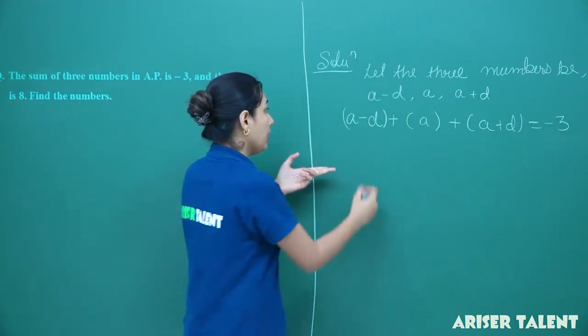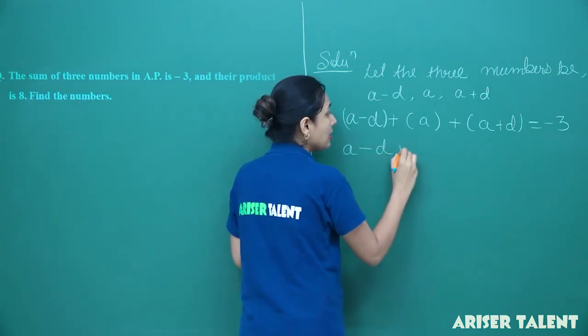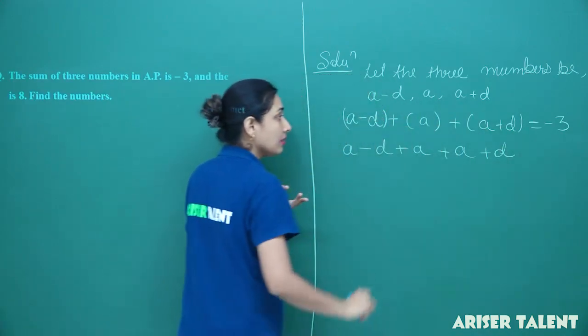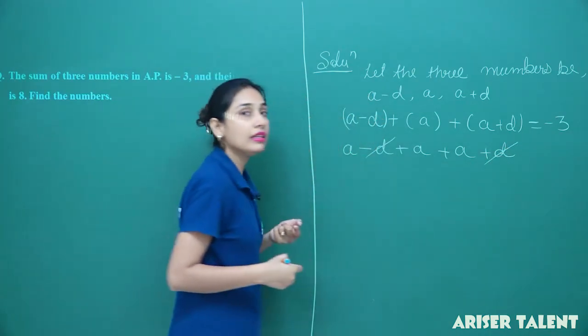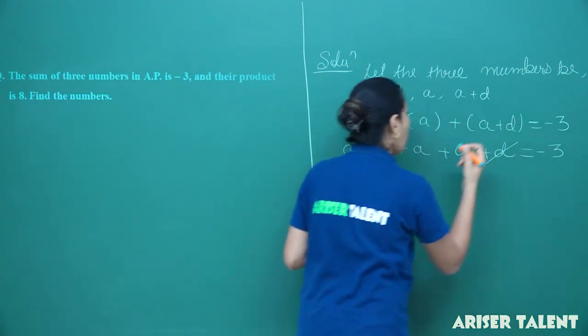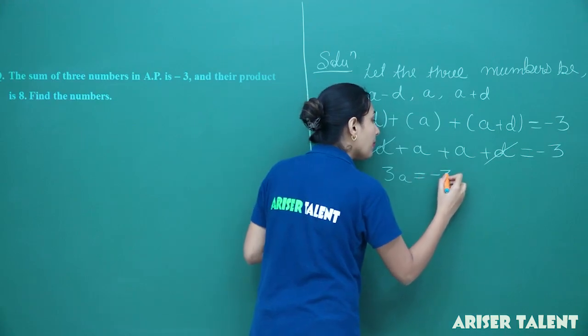Now, if you see this, A minus D plus A plus D plus A, in this form you can eliminate D, right? Now you will be left with only 3 of A equals -3.